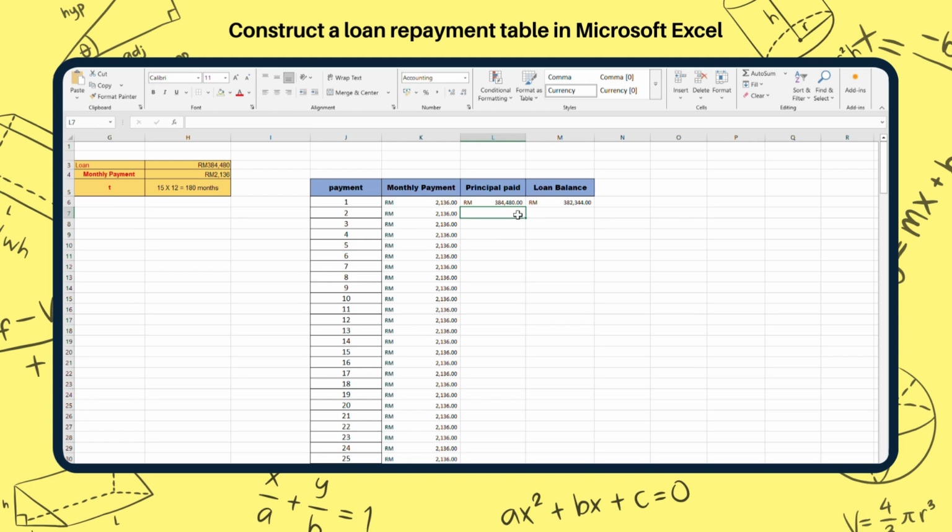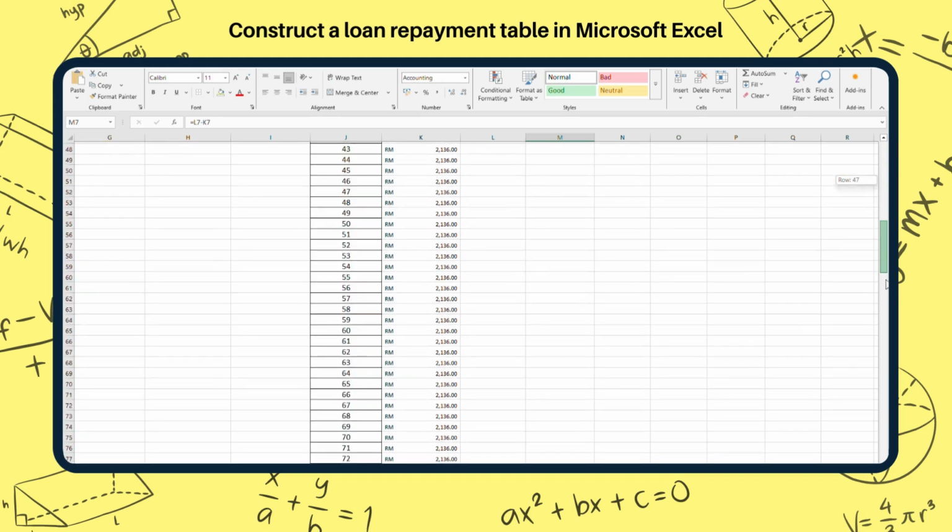So this we are going to put in our new loan, which is the principal paid. As usual, it equals principal paid minus monthly payment.